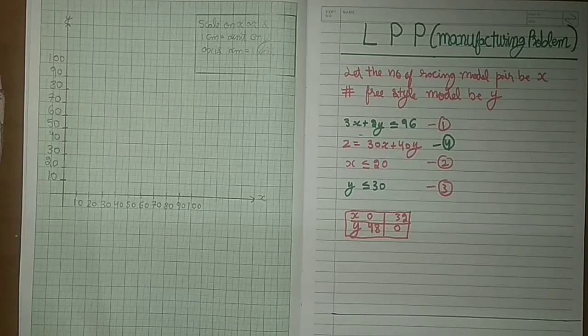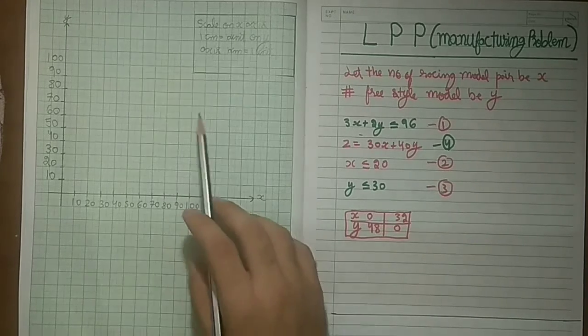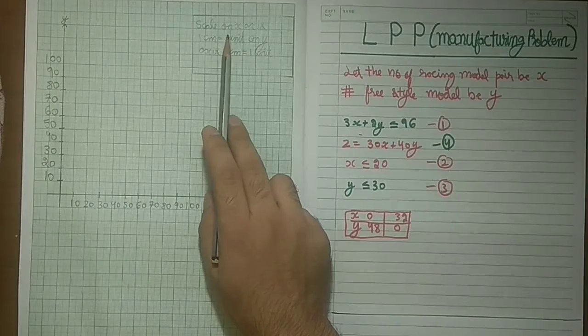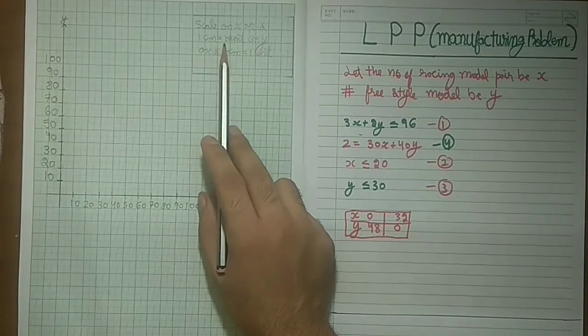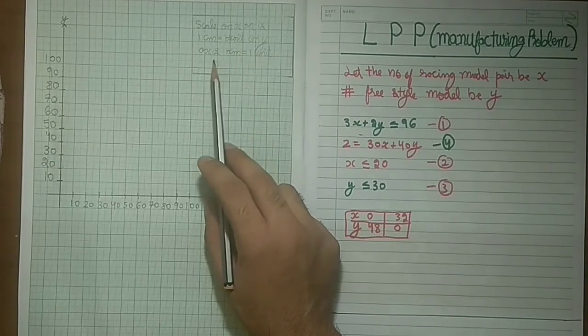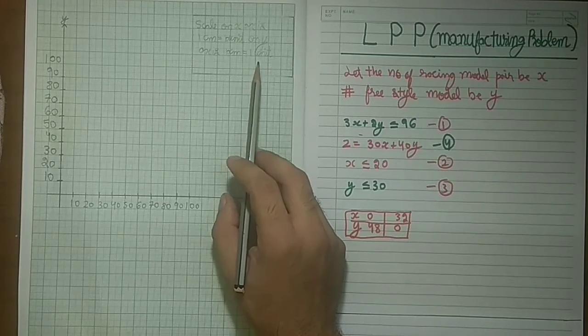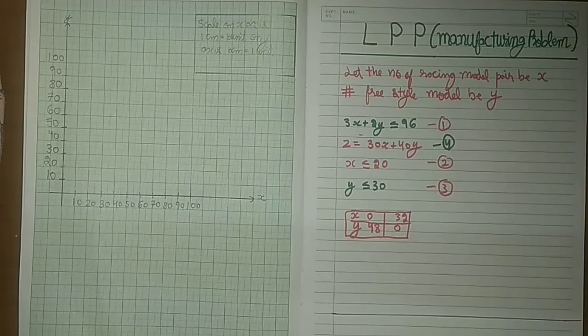We are done with all the equations here. Now let's come to plotting the graph. Here I am taking a graph with scale on the x-axis 1 centimeter equals 10 units, and on the y-axis 1 centimeter equals 10 units as well.